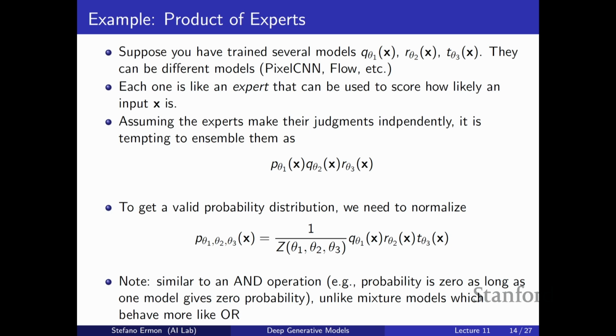If you think about a mixture, even if one of them assigns 0 probability, as long as the others think this thing is likely, it will still have some probability. And so it behaves more like a soft OR. Yeah, exactly, it's kind of like an average.